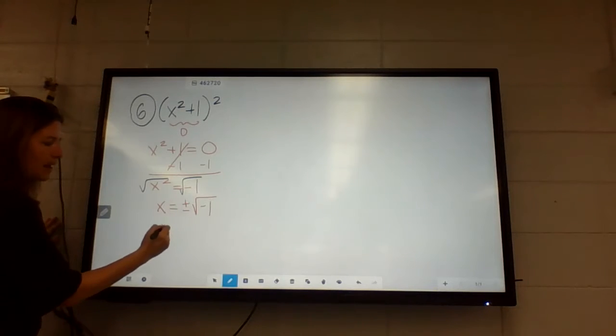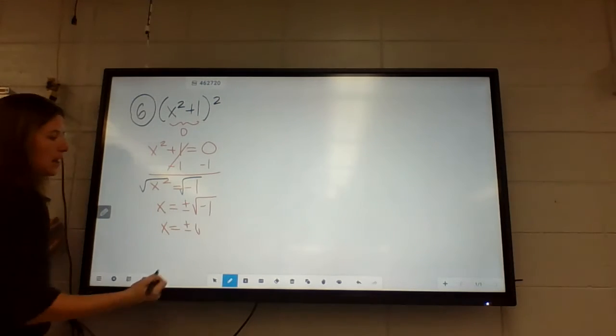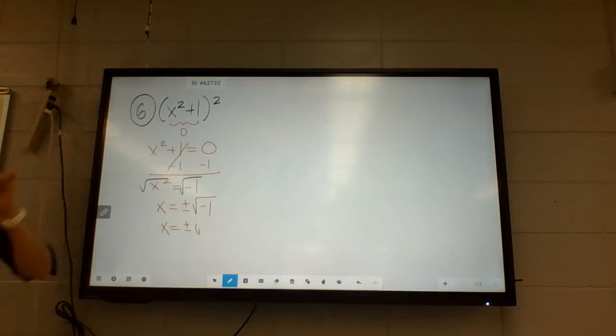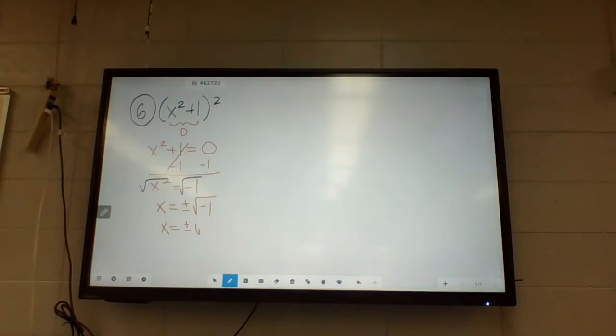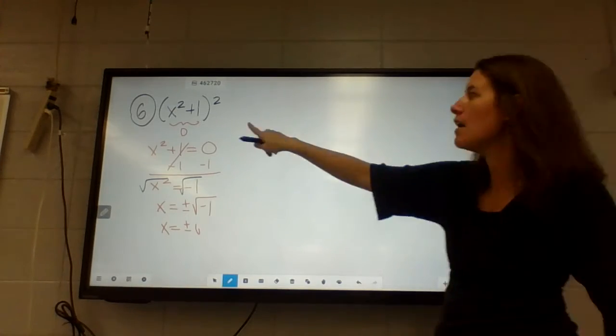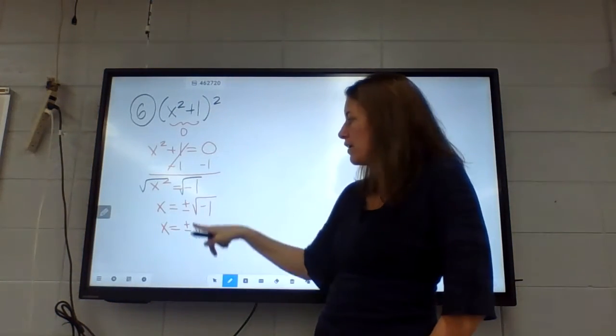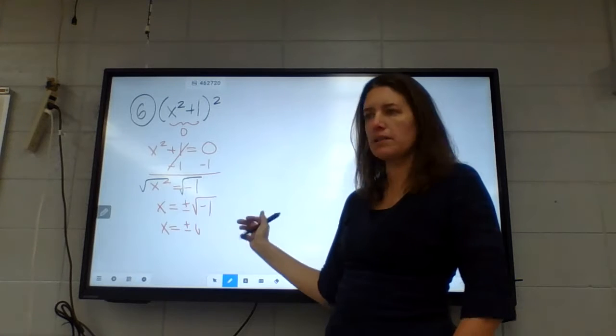And we have plus or minus. But since it's squared in the beginning, that means each of these has a multiplicity of 2. That means we'd have that answer twice, because we'd have up to 4 answers because of the fact that we have 2 times 2 is 4. So there's 1, 2, and then multiplicity of 2.